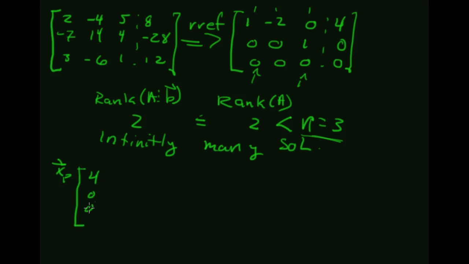Okay, so x_p, the particular solution, I can just read from the end there. That's 4, 0, 0. Okay, the homogeneous solution, x_h, has one parameter, t. Now, the only variable that doesn't have a 1 like this in the column is the x2 variable.